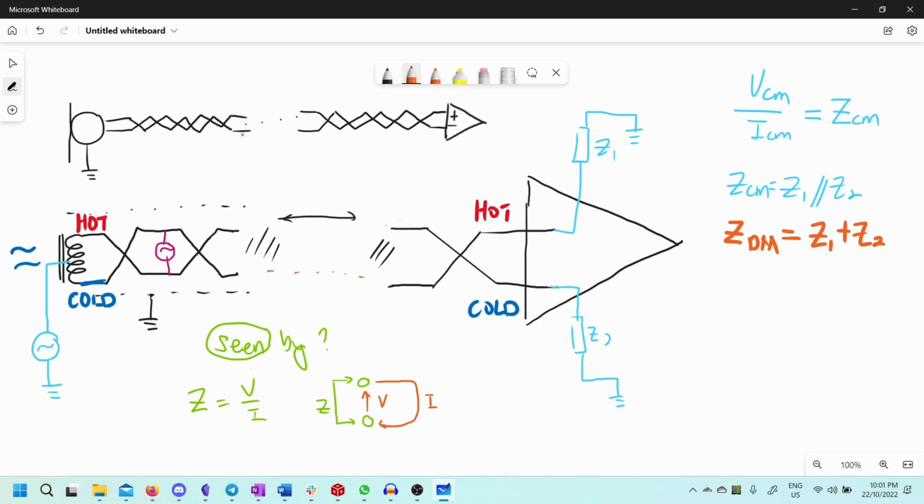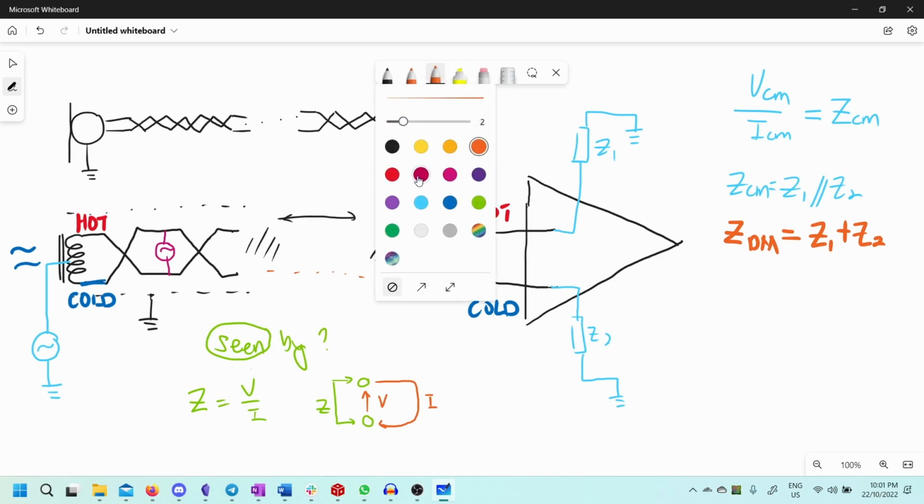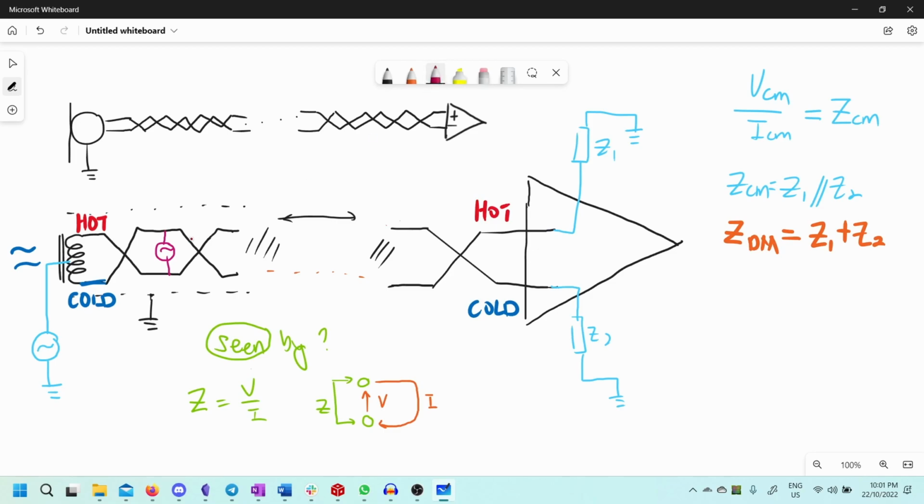So in this case, let's think about what the differential impedance of this entire system is going to be in terms of being seen by something, right? So what matters is what the microphone sees as its differential impedance. The signal that we are interested in, in other words the audio signal, is going to be present across the hot and cold.